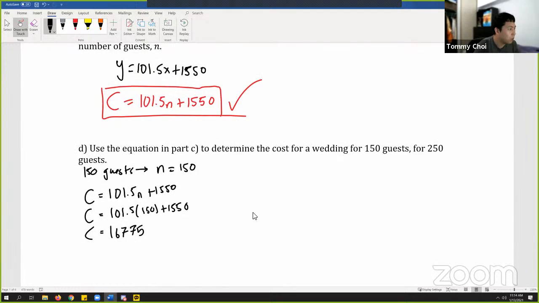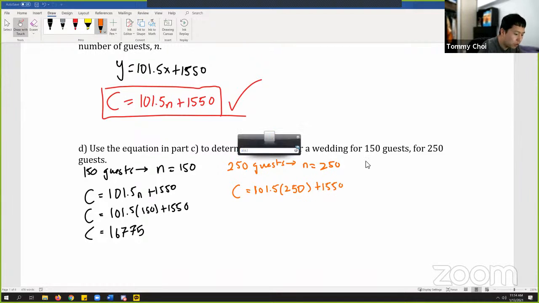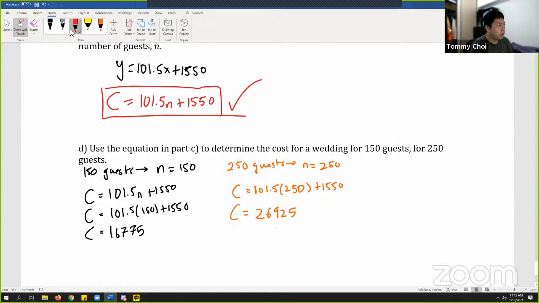For 250 guests, it's just saying that n equals 250. Plugging it into our equation again, since we already have the equation on the left, we get C is equal to 26,925. And then we can write our therefore statement.